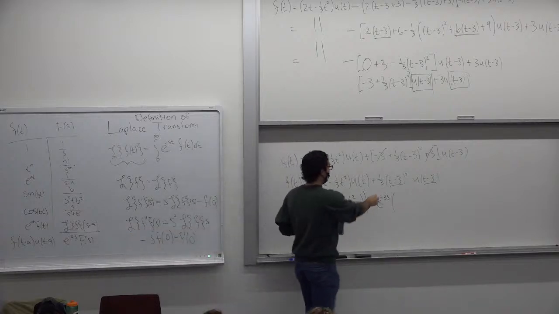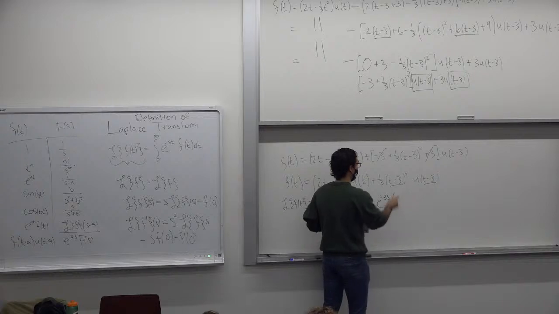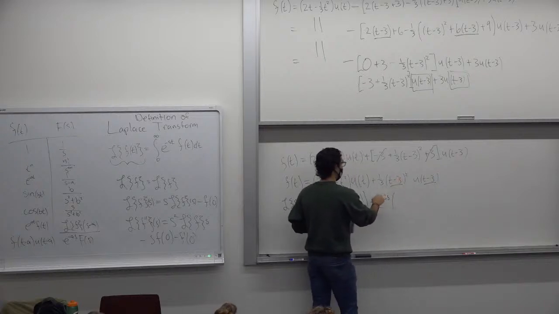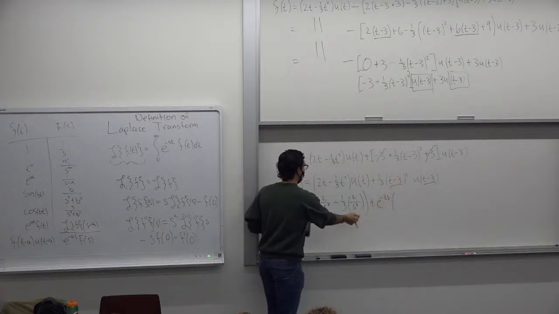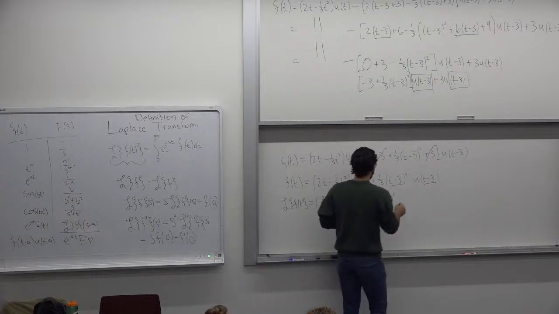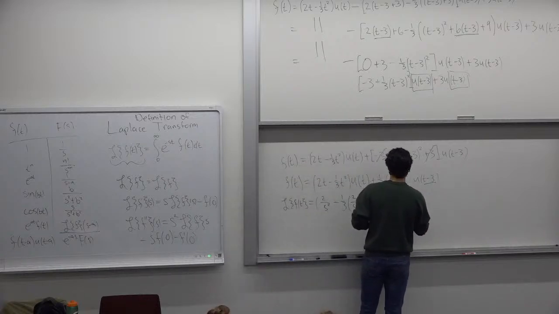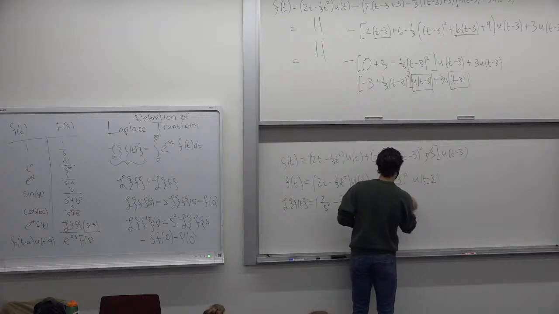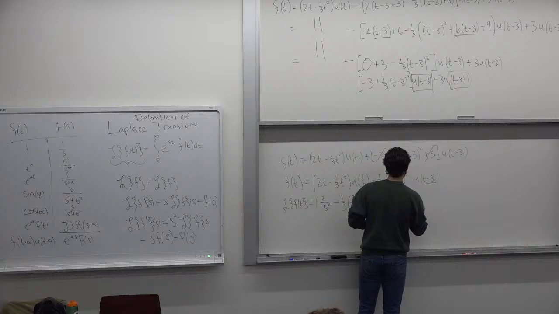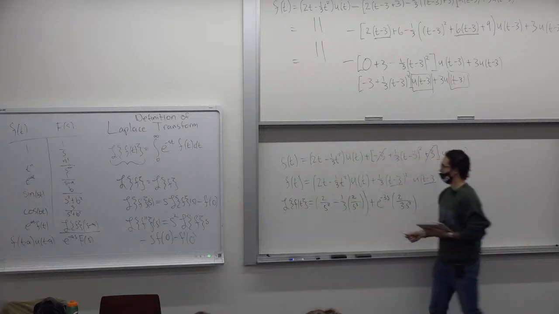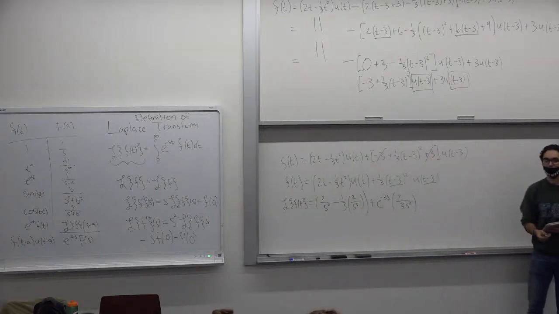So our f(t) here is 1/3 t squared, because we're not looking at that minus a. So 1/3 t squared, the same as this term, 2 over 3 s cubed. So that is our final answer. Isn't that so delicious? No.